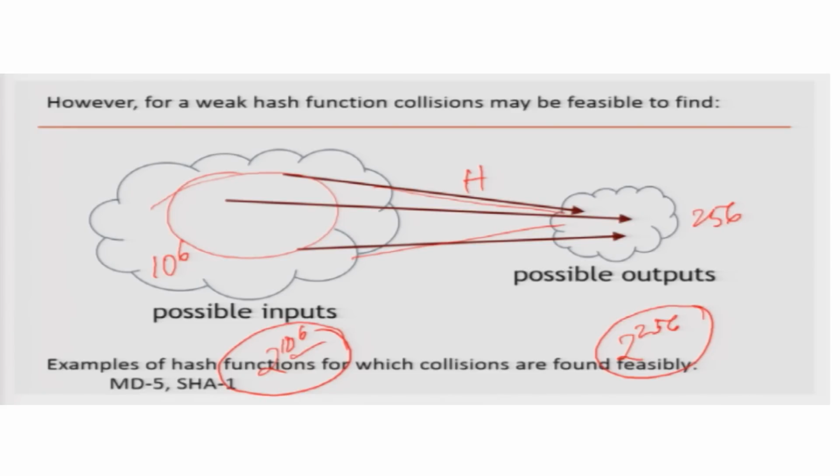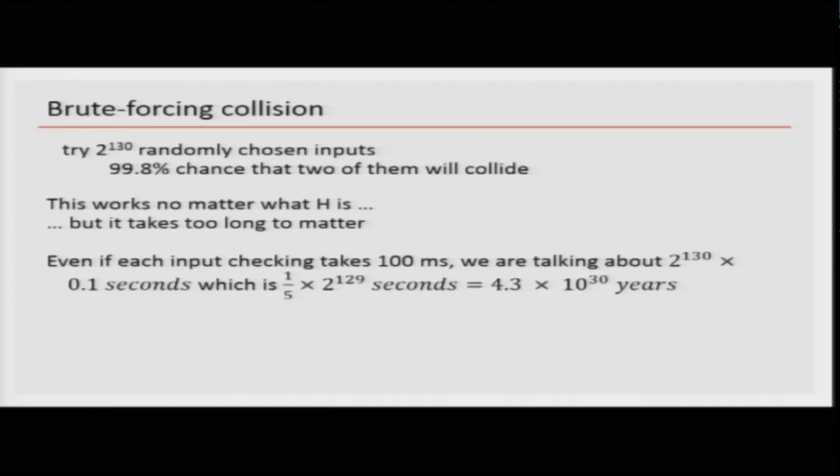These have now been abandoned as suitable hash functions, because people found that collisions for these functions can be found. Until it was found that collisions are easily feasible, they were used quite a bit, but now we know that they have collisions and it is not difficult to compute a collision. So, therefore, they are not being used that commonly.